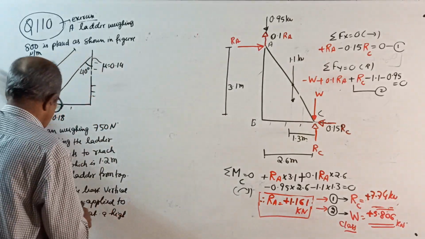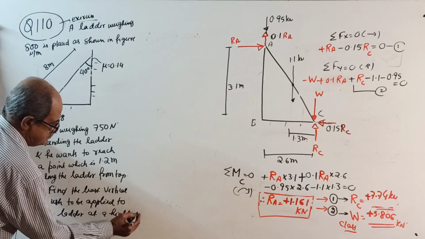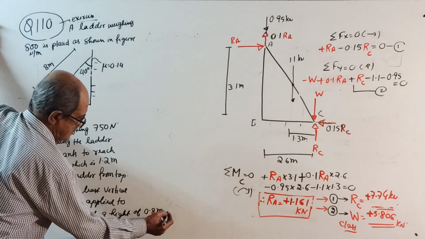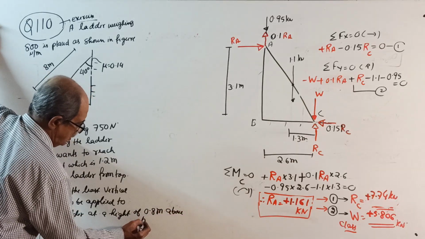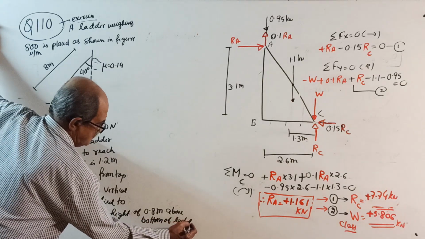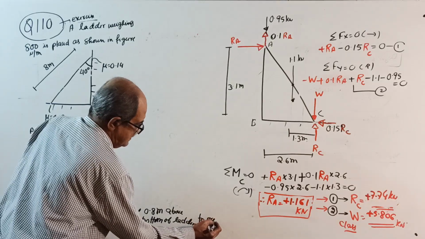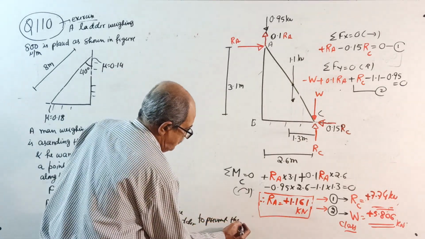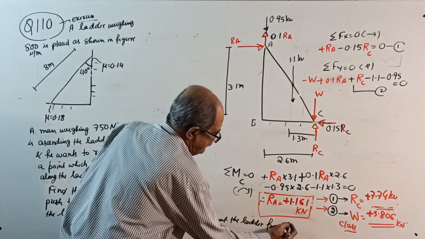At a height of something like 0.8 meter above the bottom of the ladder. Purpose? To prevent the ladder from slipping. Okay, over.